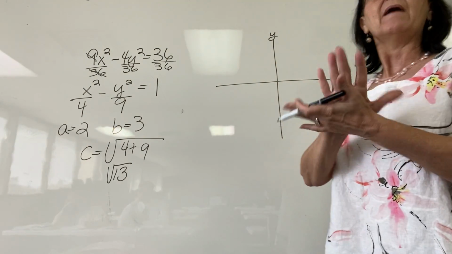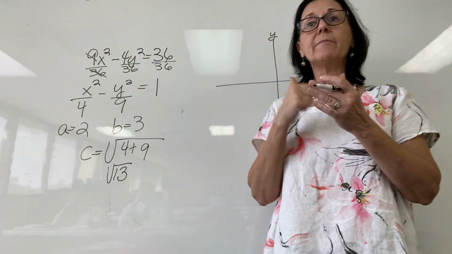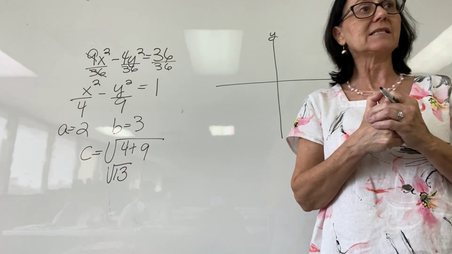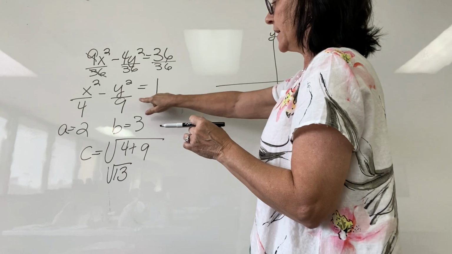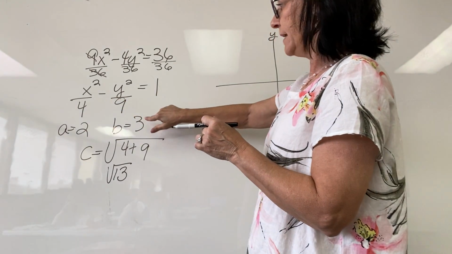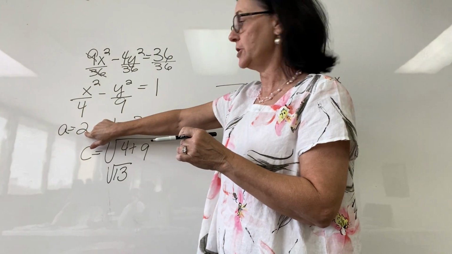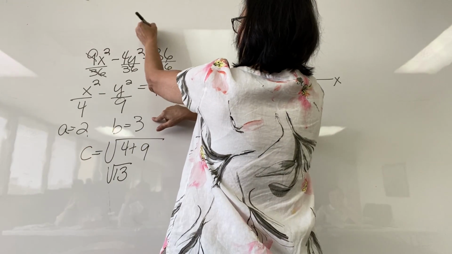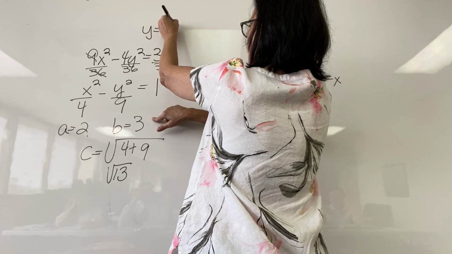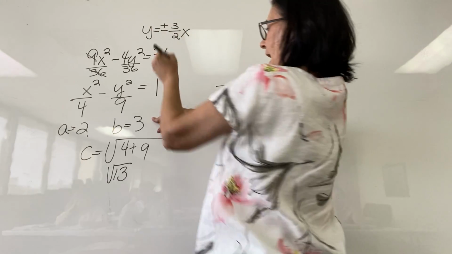All right, I need my asymptotes. To graph a hyperbola, you begin with the asymptotes. Because x is first, I need my change in y over my change in x. So my asymptotes are going to be y equals plus and minus 3 over 2 x.